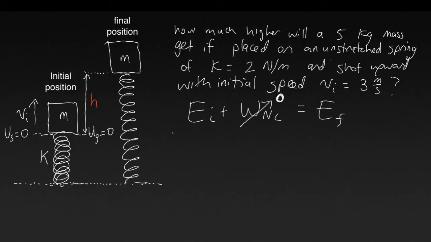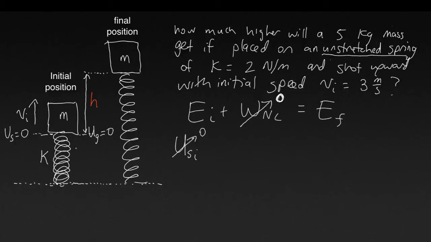So let's get more specific about the initial energy. What forms of energy does this block have initially? Does it have any spring potential energy? It starts with an unstretched spring, so spring potential energy initial is 0. We have none. How about gravitational potential energy?